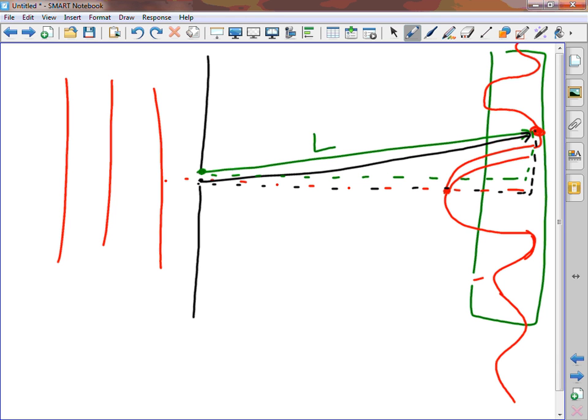Which hypotenuse is going to be longer, the green or the black? It's black, because it has a taller height on the other side. Whenever you do the Pythagorean theorem, a squared plus b squared equals c squared, if the opposite side, let's say it's a, is bigger on the black triangle, that means its hypotenuse, c, has to be longer. Does that make sense? Let's get rid of the triangles.